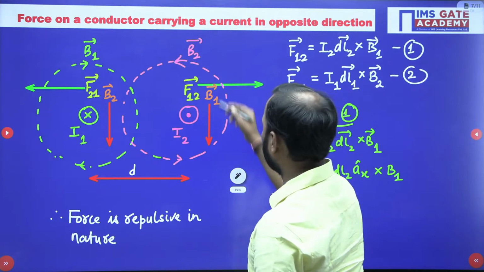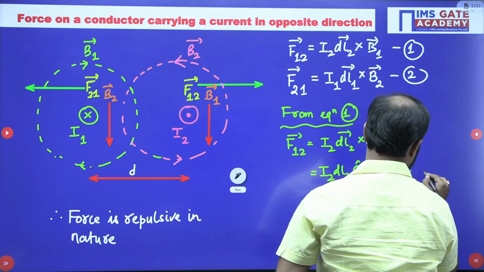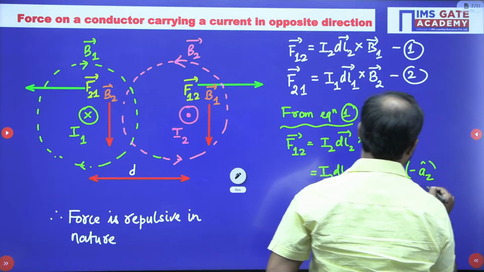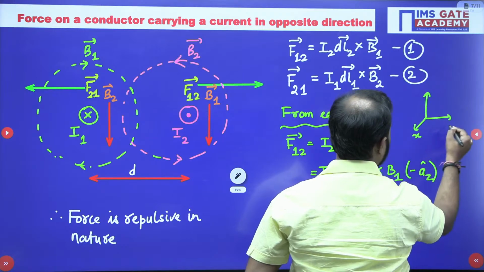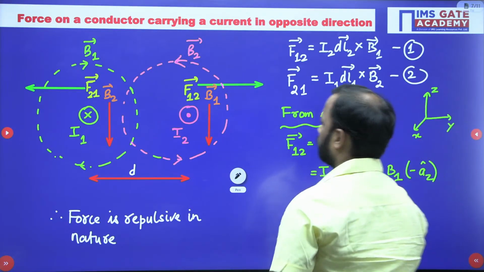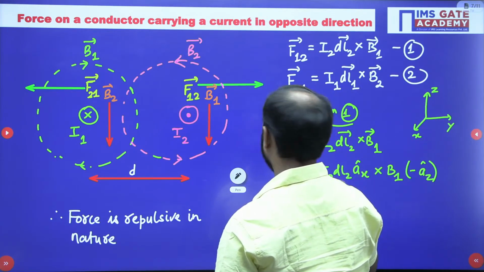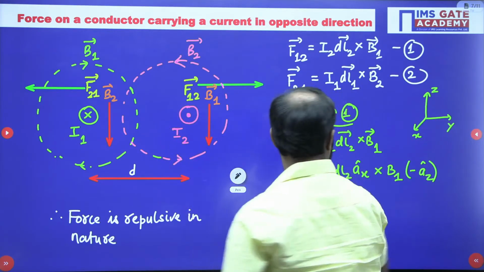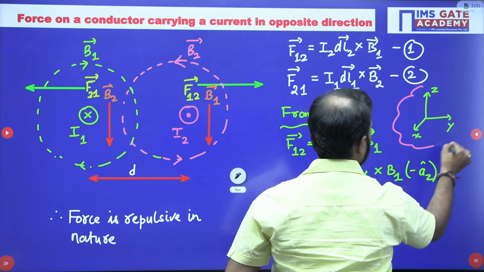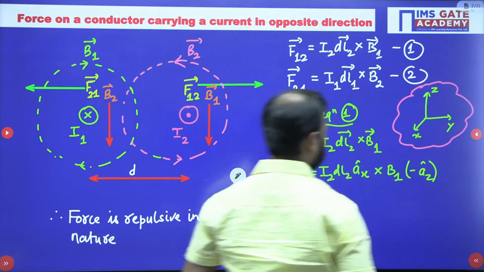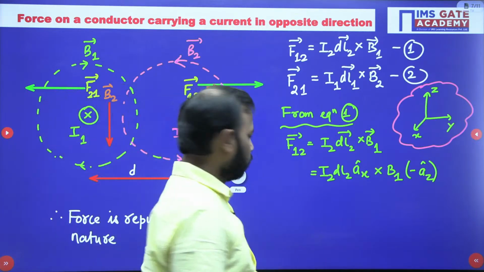What is the direction of B1 here? It is downward, so can I say minus AZ cap? You saw these X, Y, Z directions. So B1 is downward, so minus AZ, and I2 del L2 is outside, meaning in the X direction. Clear? Any doubt? Ajay, Mathan, any doubt?